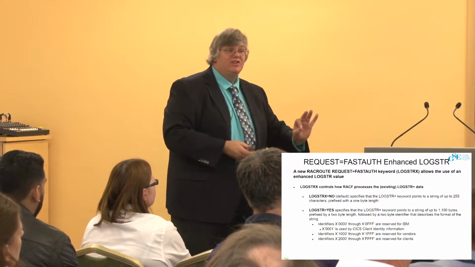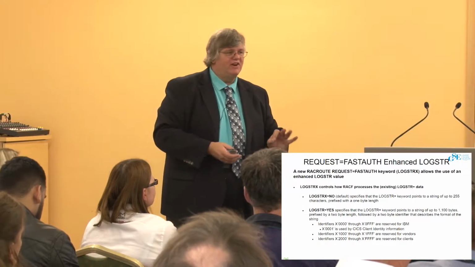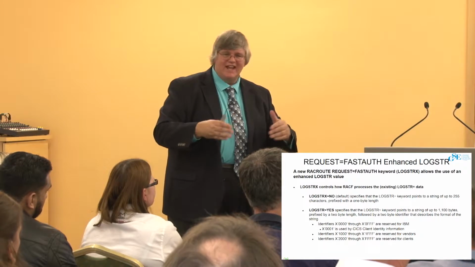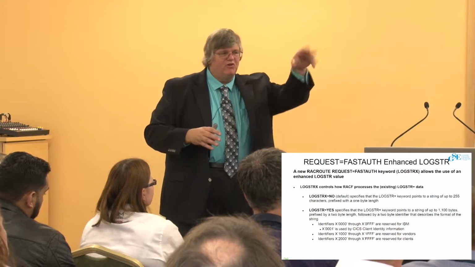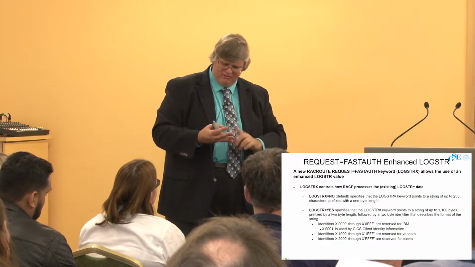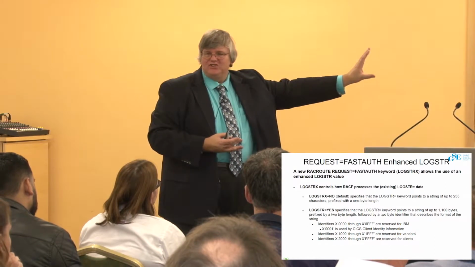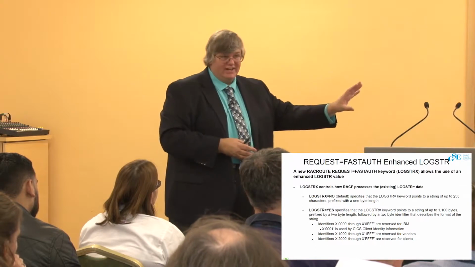The first one that's being used is identifier 0001, which is being used by our colleagues in the CICS lab. What they're going to store there is extended remote identity information. So when somebody does a remote authentication to a CICS environment, they'll put information in there about the registry and some other information. You have a limit of up to 1,100 bytes. That includes the length of the identifier that you stick into this field.